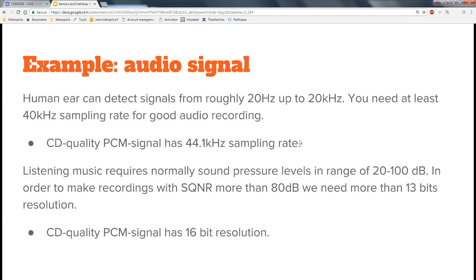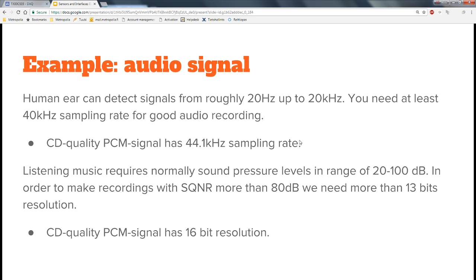And also that 44.1 gives some margin for the preconditioning low pass filter. So you can have 20 kilohertz as the actual signal range, and then still have a steep filter for the anti-aliasing in that remaining 2 kilohertz.